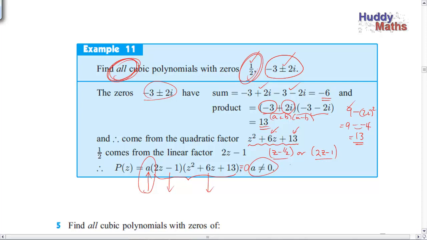So don't forget the all. We're only constructing a basic parent function here, and we could have any scalar multiple of that. We just want the function whose zeros are these, so our answer would be p of z equals that.